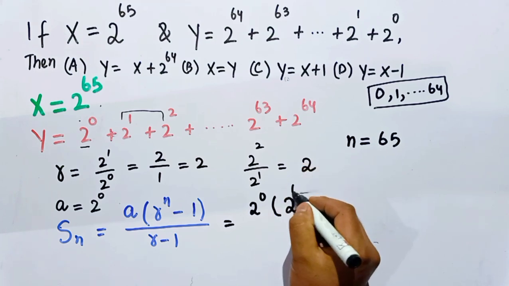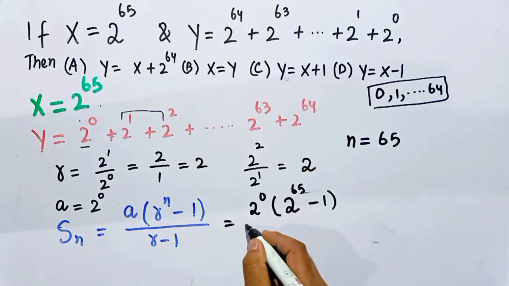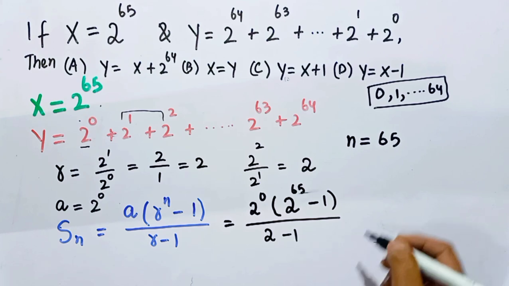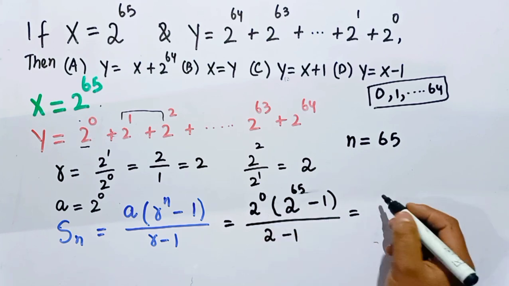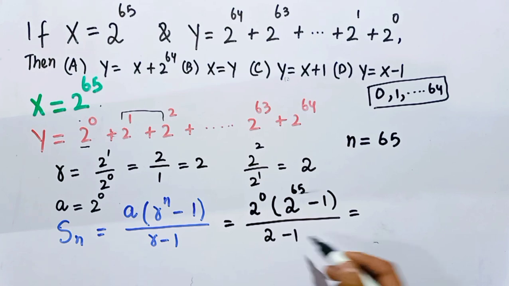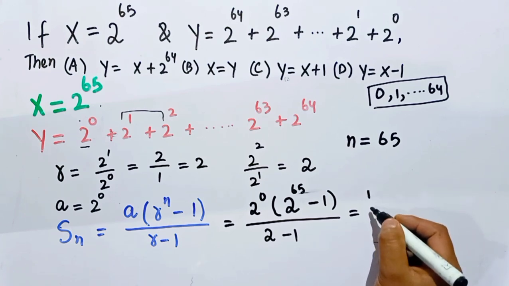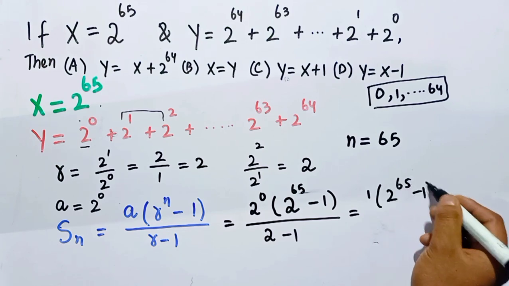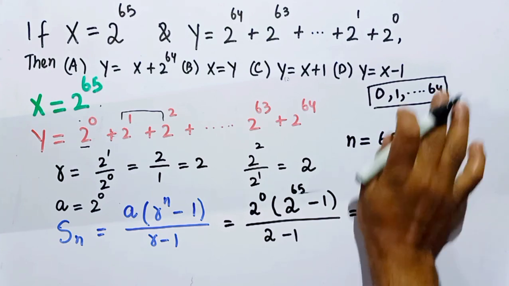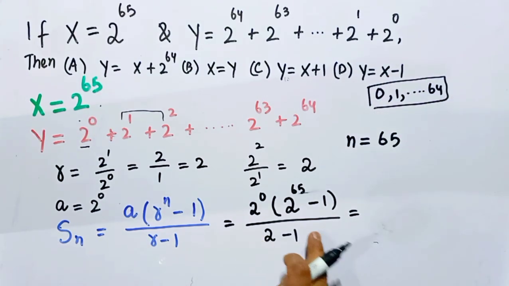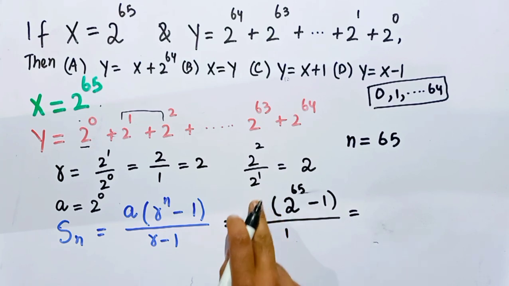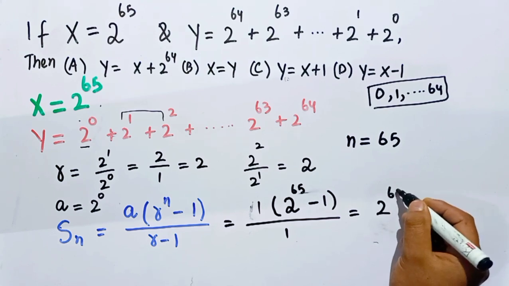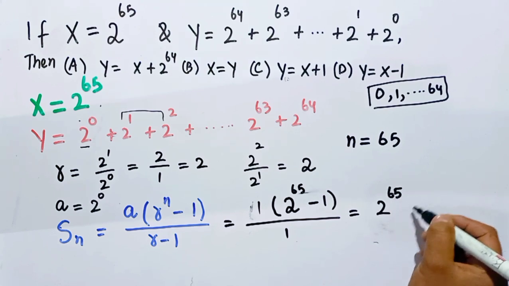So we have 2 to the power 65 minus 1, divided by the common ratio minus 1, which is 2 minus 1. Solving this, 2 to the power 0 is always equal to 1, and 2 minus 1 comes out to be 1, so we are left with 2 to the power 65 minus 1.